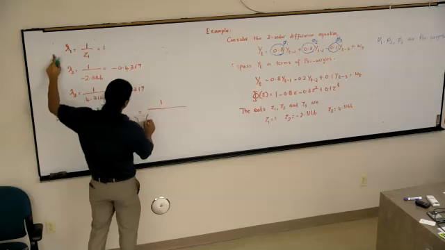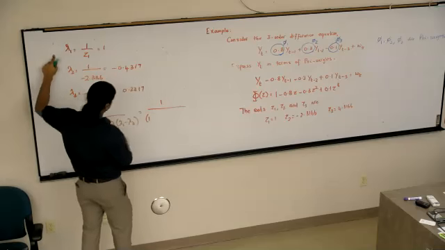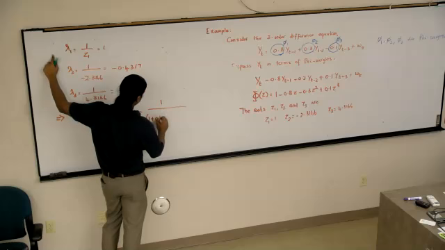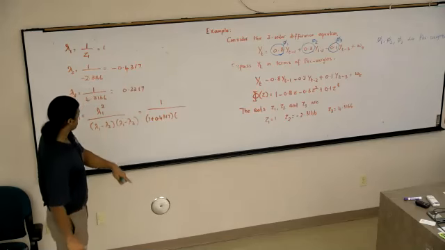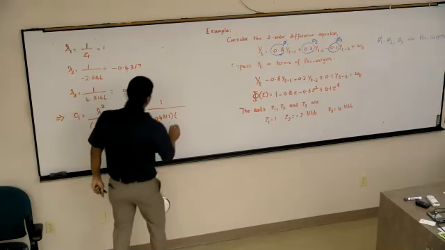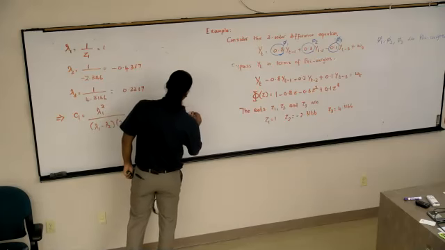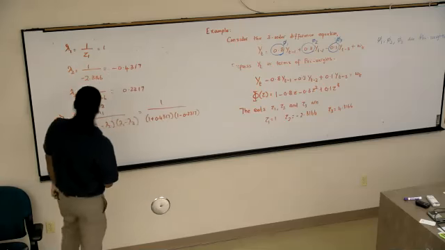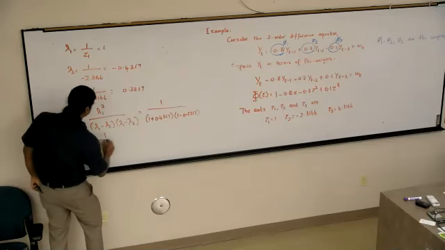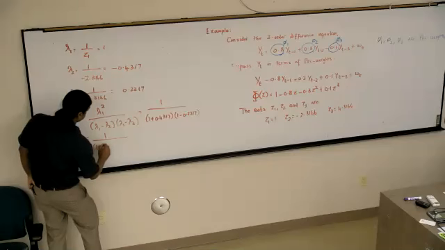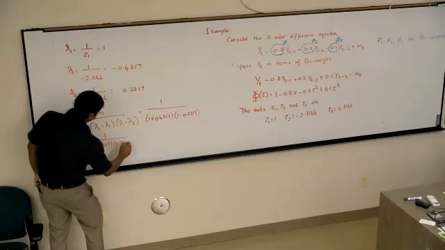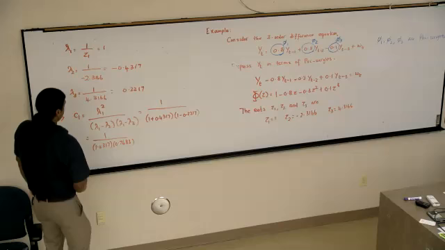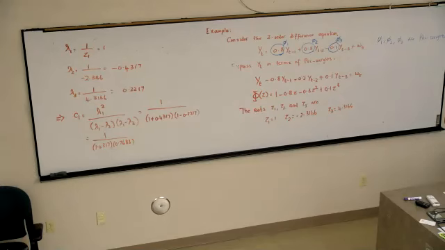So we'd have 1 minus negative 0.4317, plus 0.4317, 1 minus 0.2317, multiplied by 0.7683.